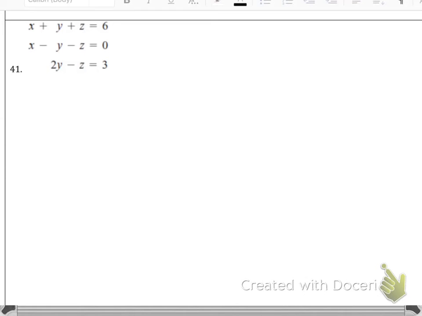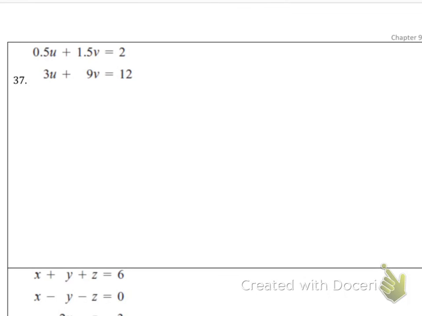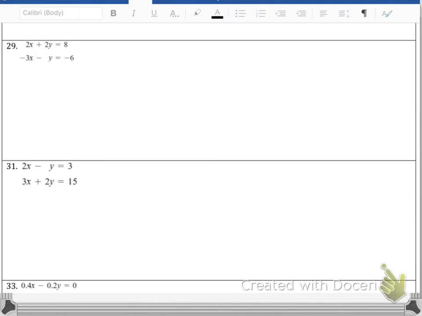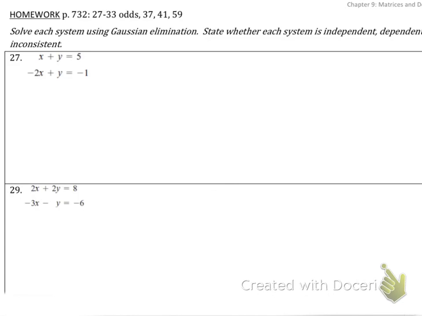If you look at it, it's a bunch of 1s and a 2, so it's not a bad 3-system equation. And we already have zeros in there. So go ahead and get started. It's only 6 problems.